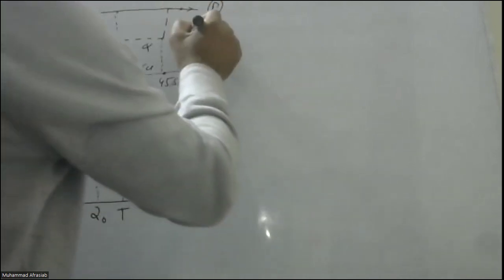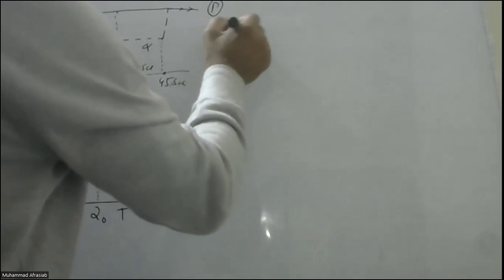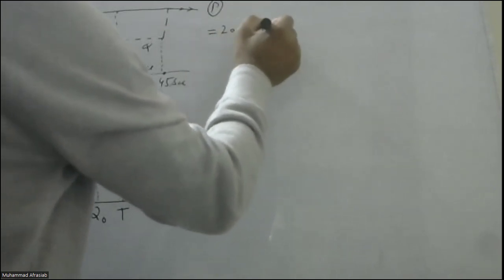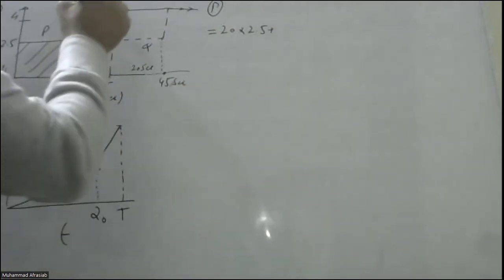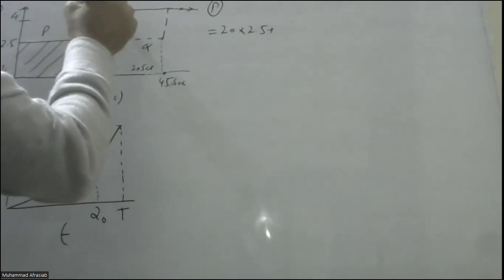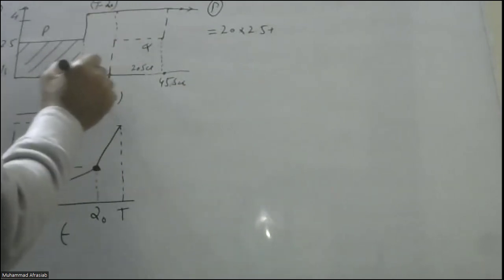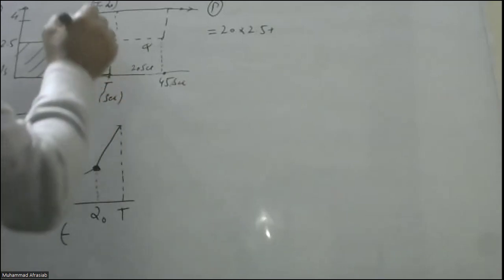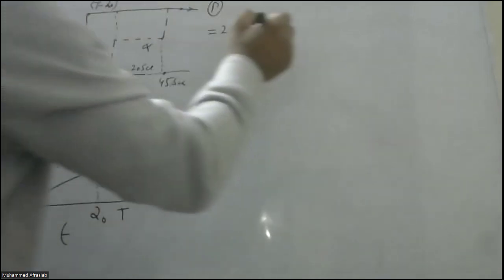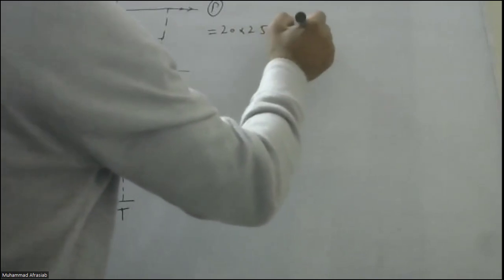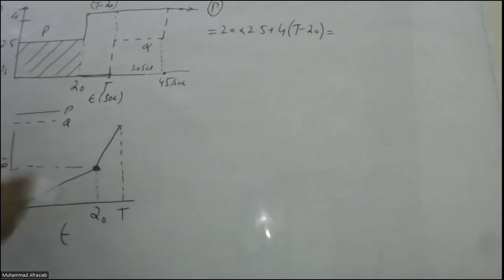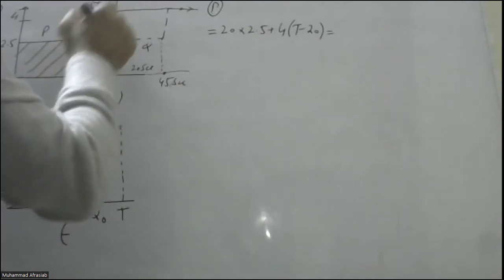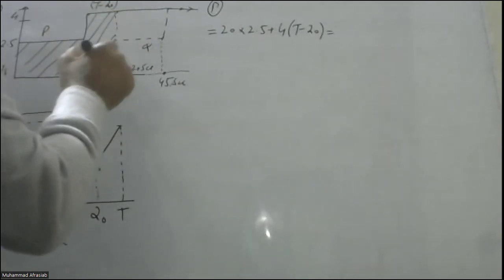That is equal to 20 into 2.5, and up till here t. So this time will be t minus 20, because this length is t minus 20, and into this speed, which is 4. So we multiply by 4 into t minus 20, and the total distance traveled is equal to 70.